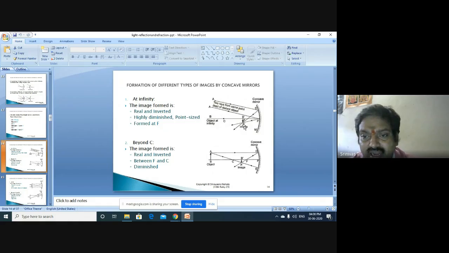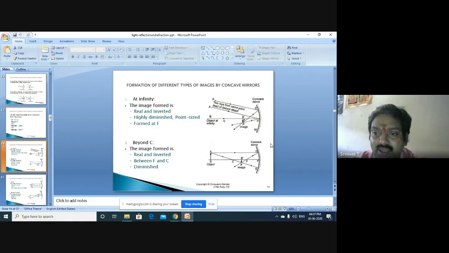Now let us clearly understand: the object is at infinity, therefore the lines will be parallel. Some may be parallel to the principal axis, some may not be, but at the end of the day they are parallel to each other.